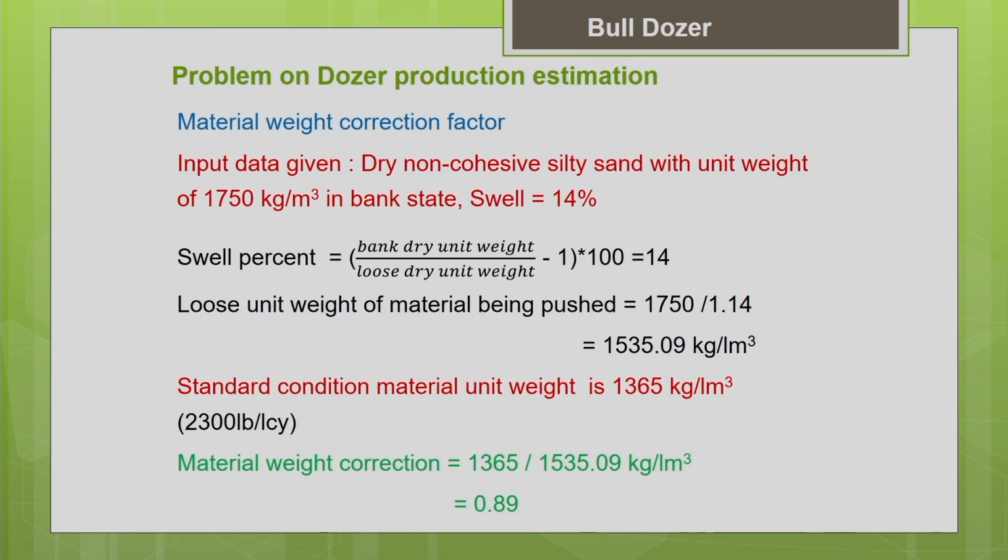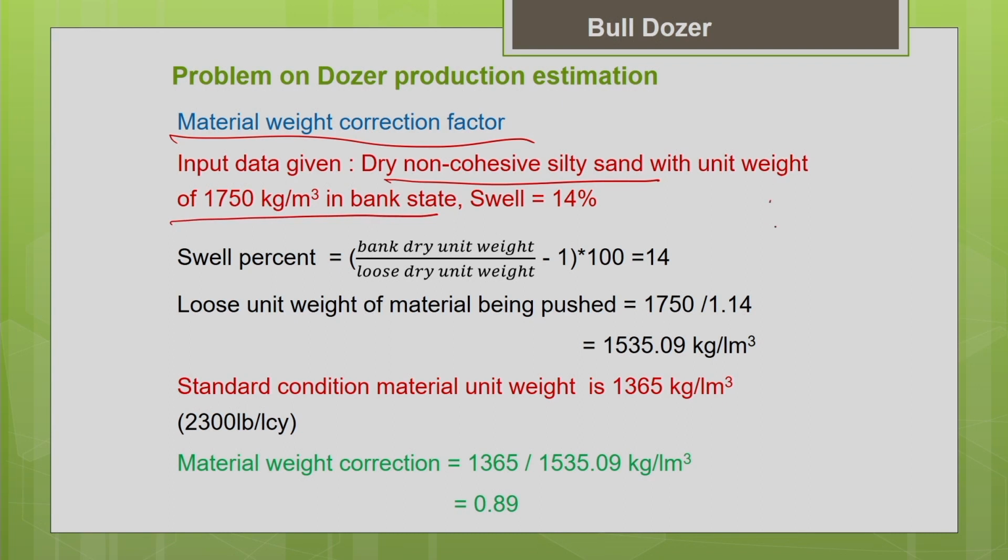Now, another important correction factor which we are yet to determine is material weight correction factor. As I told you, in this project we are going to deal with non-cohesive silty sand. Okay, its unit weight is given as 1750 kg per meter cube in bank state.